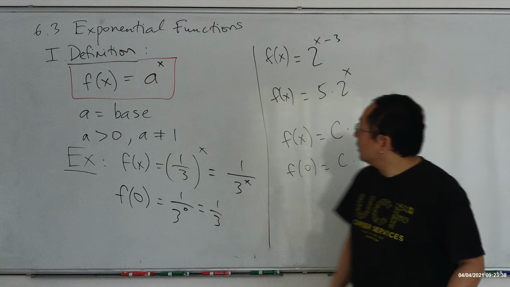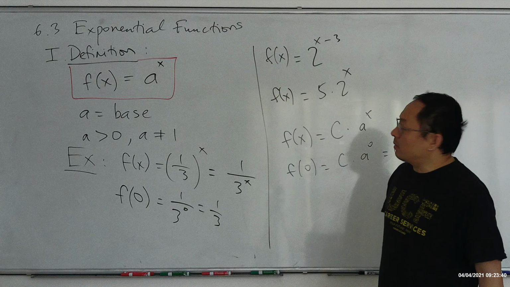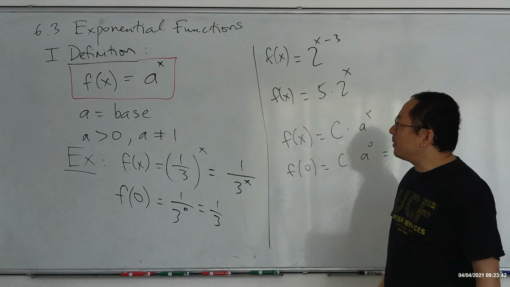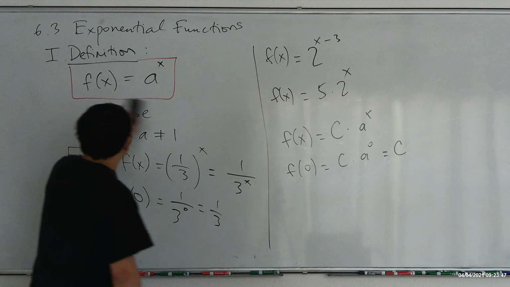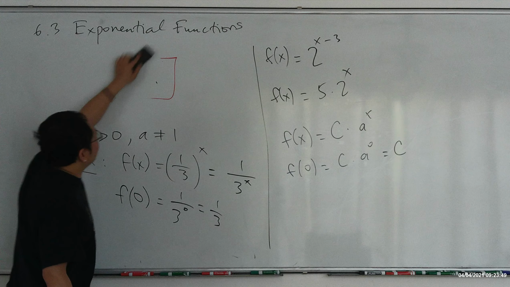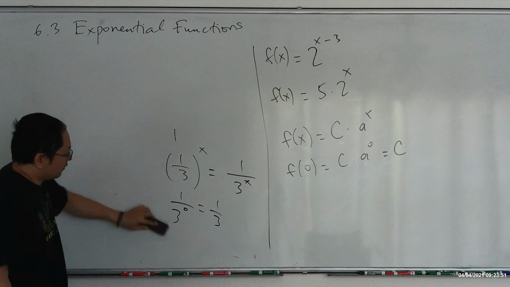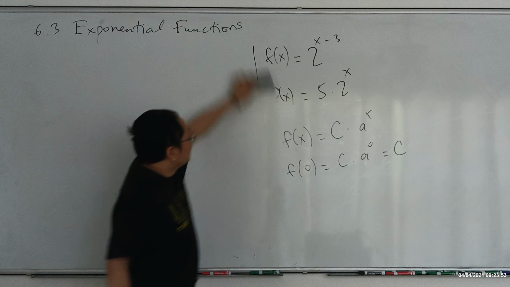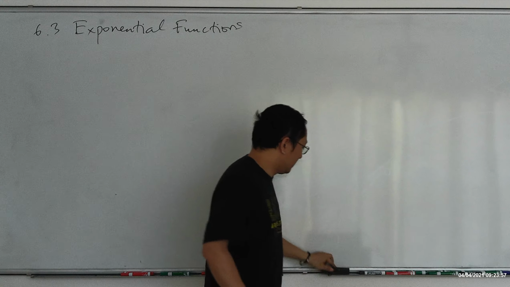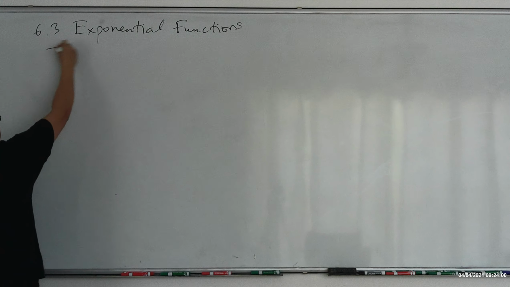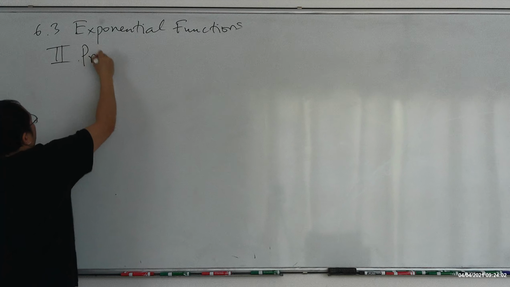Let me move on to the second item. I'm going to be talking about some basic properties of exponential functions, and I'm going to use graphs to show you some of them. Number 2, properties.